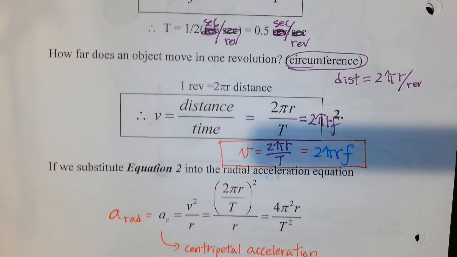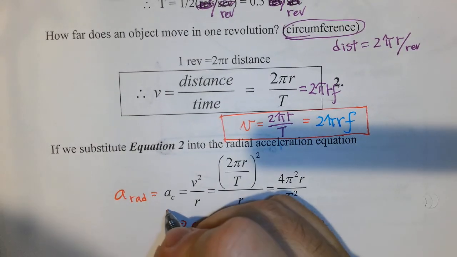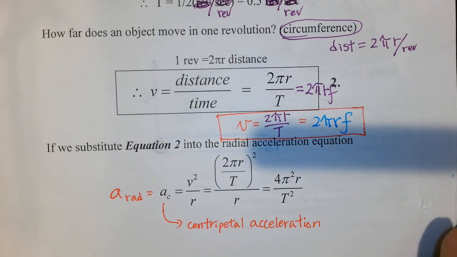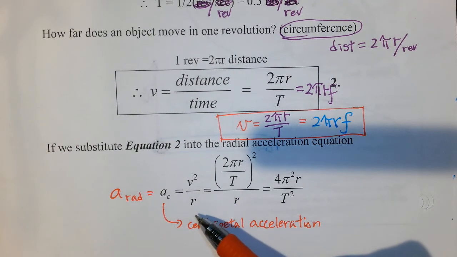Centripetal acceleration, which is center-seeking acceleration, or the same thing as radial acceleration, which is v squared over r.